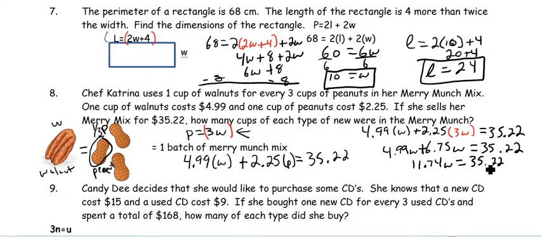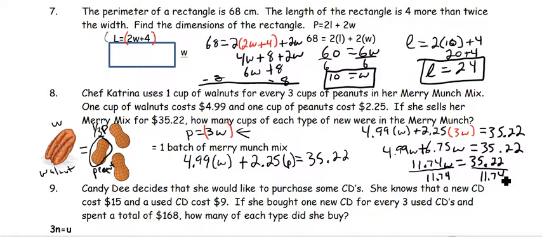We only have a couple more to do, or actually finish this one up. So now we are going to divide by our coefficient, 11.74. And we have 35.22.